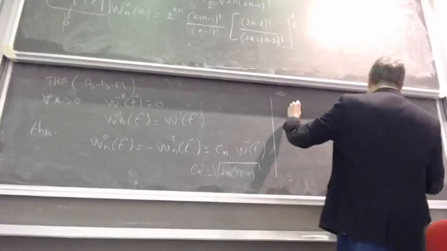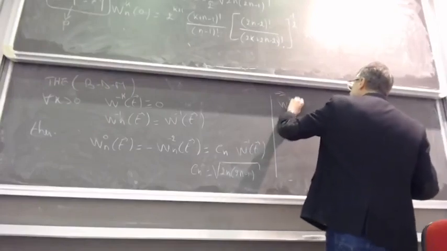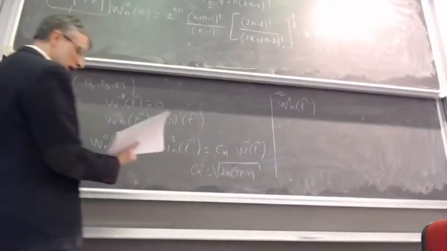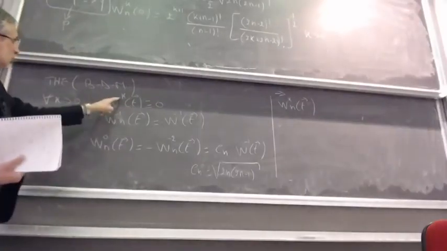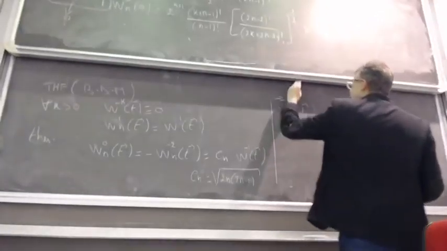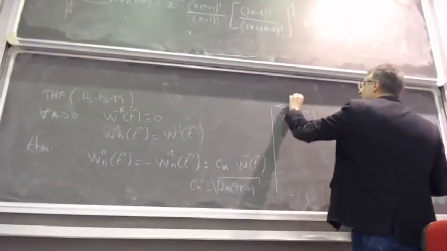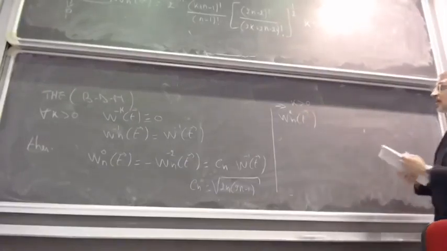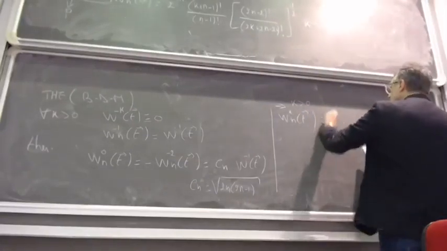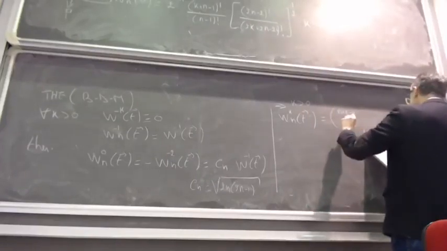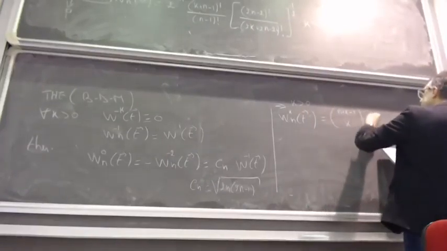So we continue here. For W^k_n(t), for the other k, did I specify the k's? Right, so yes, k positive, so the positive upper index. W^k_n can be expressed in terms of the first element of the chain.